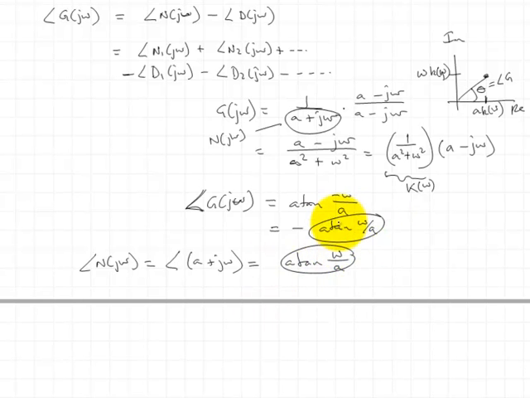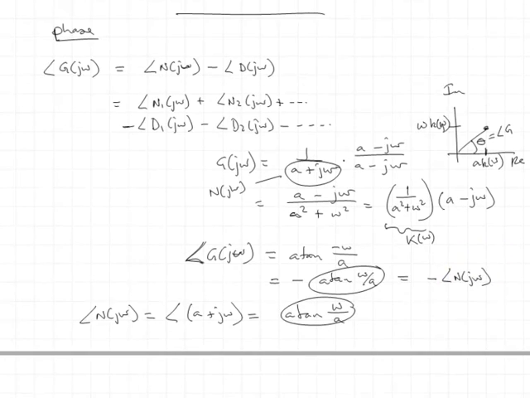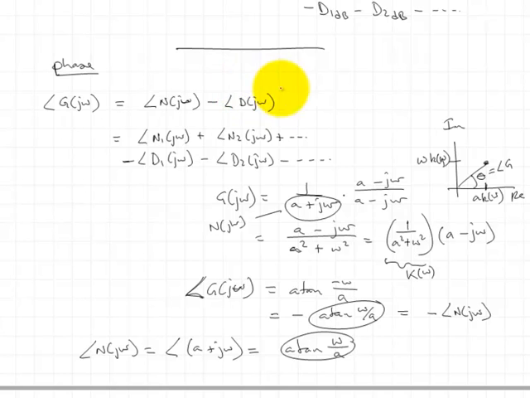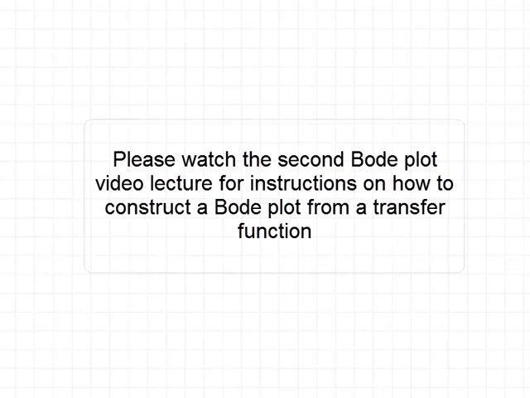Notice these are the same. So the phase of the overall transfer function is equal to minus the angle of the denominator, which is exactly what I had claimed right here, that you could calculate the angle of the overall transfer function by taking the difference between the angle of the numerator and the angle of the denominator. We now are ready, finally, to embark on considering how we plot each of these terms.